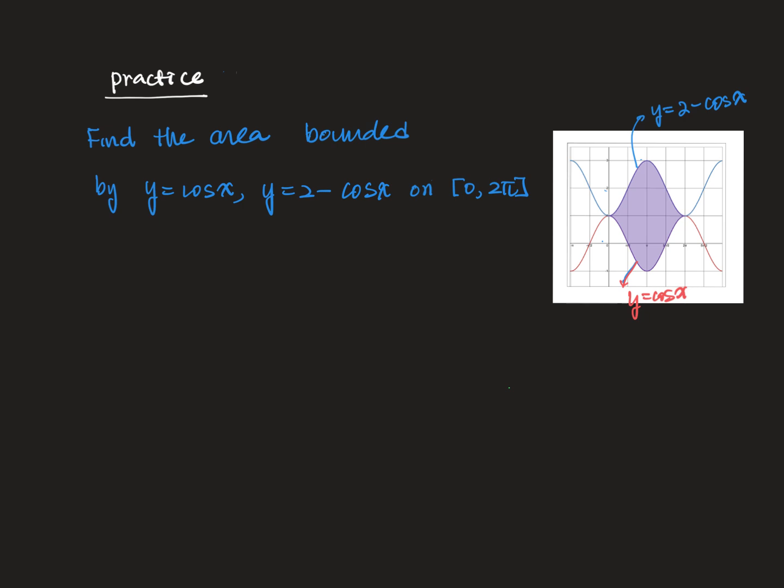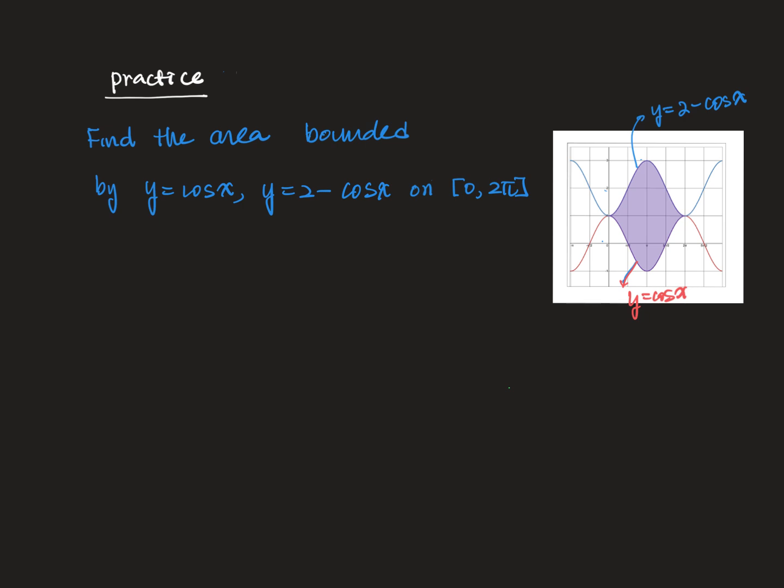Let's do the practice question here. You can pause the video and try to do it on your own. This one is to find the area between the two curves. The upper curve is y equals 2 minus cosine x, the bottom curve is y equals cosine x.